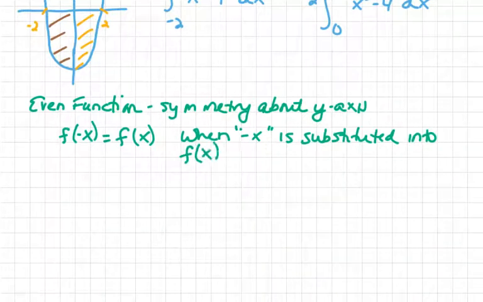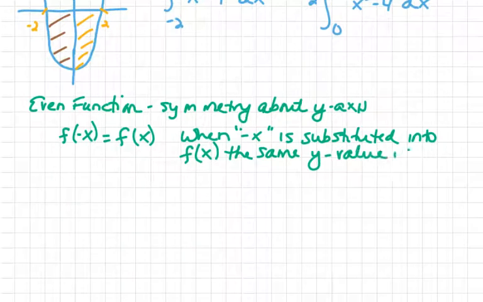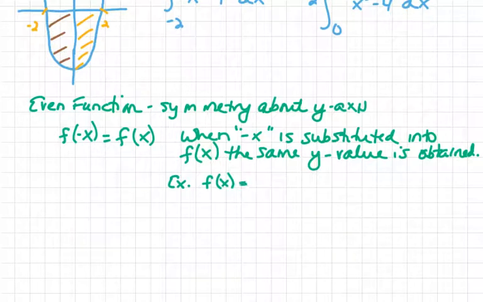And when that occurs, you get the same y value. That tells you that it's an even function. So an example of what we just saw with the function above, we had the function x squared minus 4.